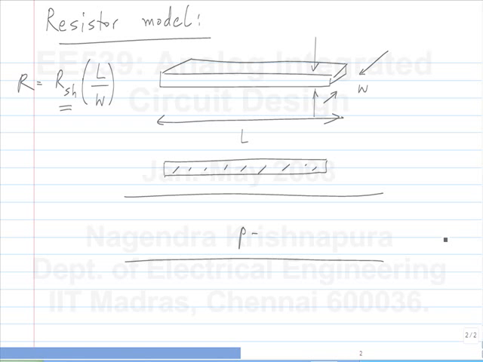So there is some capacitor, let me call it C area, which is related to this distance and the area of the plate, and this epsilon is the epsilon of silicon dioxide, which is the common insulating material.